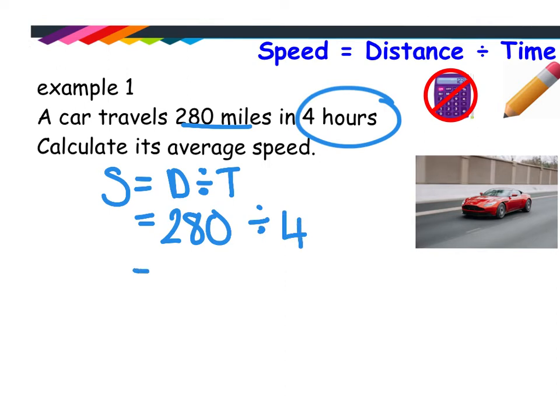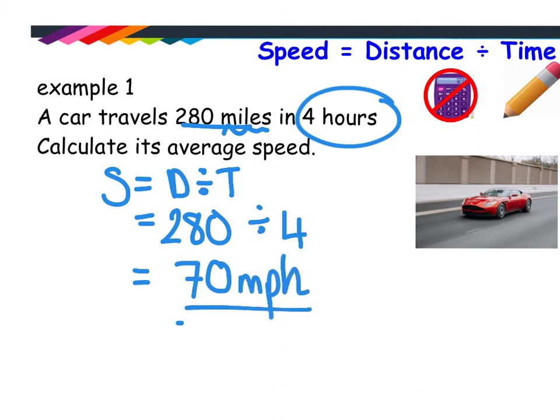So you're doing 280 divided by 4. The trick is just to ignore your 0. 28 divided by 4 is 7 and add your 0 back on, so it was 70. Now if you're not sure what your speed will be, go back to your distance, and your distance was in miles. Our time was in hours, so that is miles per hour. And that's our first one done.